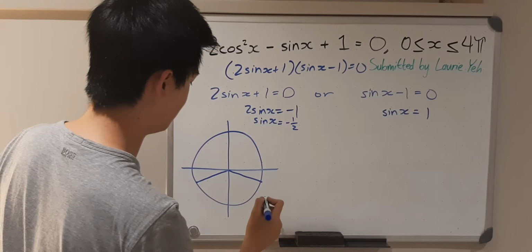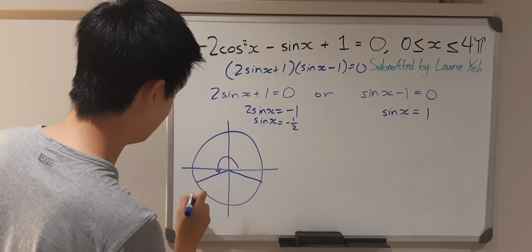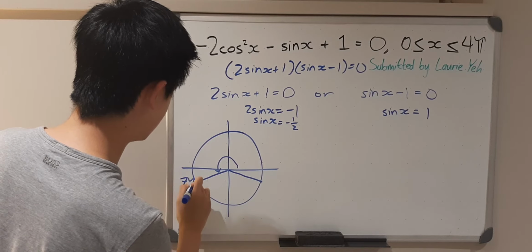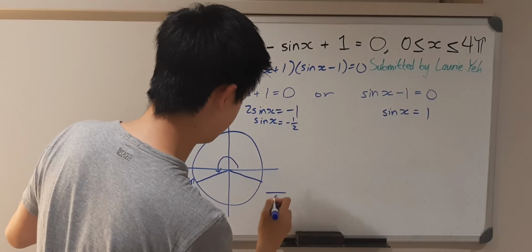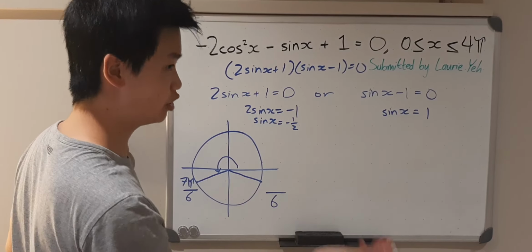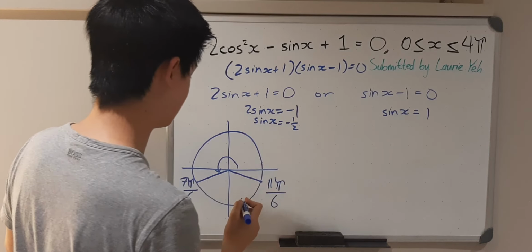I believe that this angle here would be 7 pi over 6, and this angle here would be, we're going to take 6, multiply by 2, minus 1, that's 11, so 11 pi over 6.